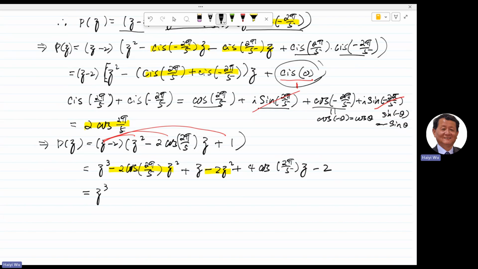So we can put negative 2 outside: negative 2 times cosine 2 pi over 5 plus 1, Z squared. Then plus those two together.